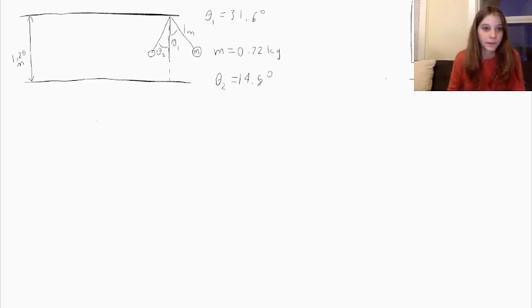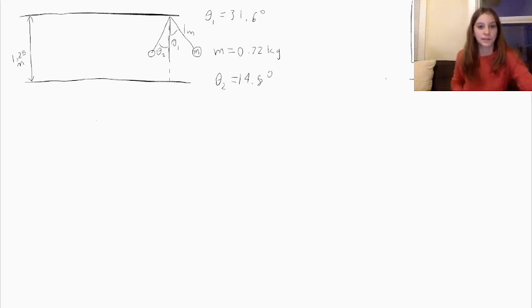So here we go. It's set up here. It starts with a ball on a 1 meter rope at an angle of theta 1, which is 31.6 degrees. The mass is 0.72 kilograms, and it swings and then releases at an angle of theta 2, which is 14.8 degrees.